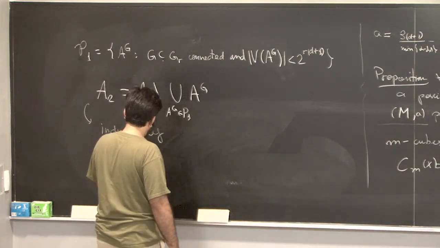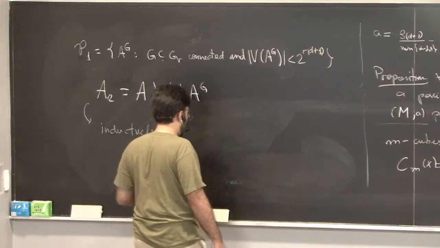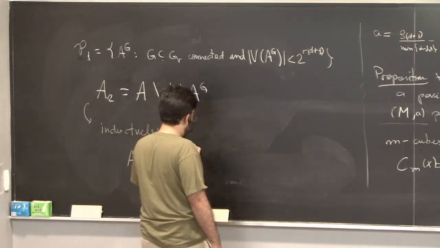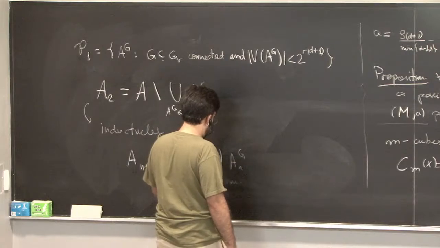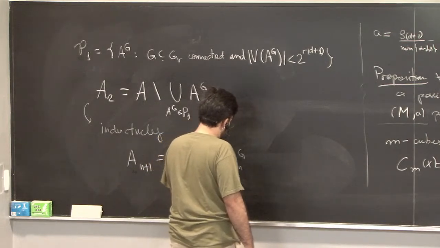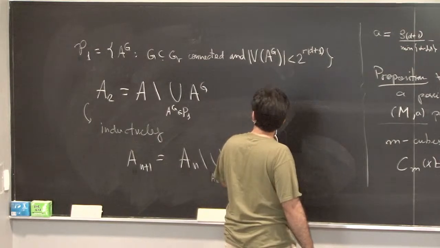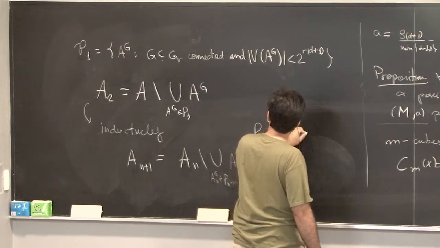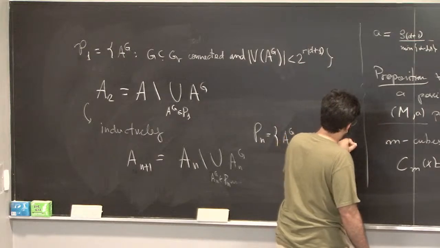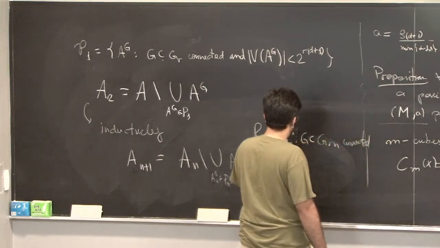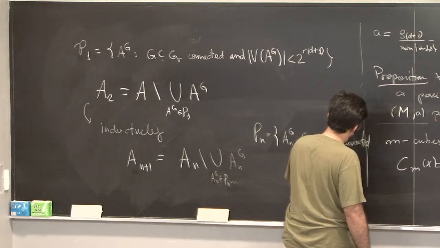So inductively, we define the A in the next step as being the A of the step that you are minus the union of the components AGN, where AGN is inside PN, and PN is just the AG's, where G is inside GRN connected with the volume of AG less than 2RN D plus 1.